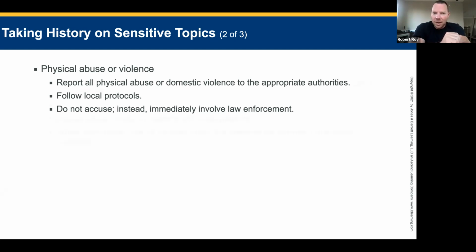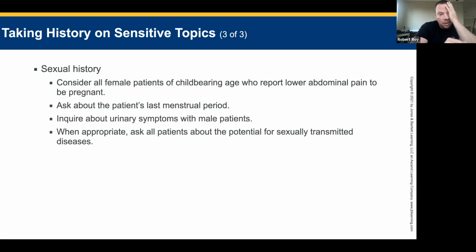Take everything into context. If it doesn't fit that they might be abused, they may not have been. But at the same time, don't refuse to report it. If it looks like it might have been, mention it. Tell somebody at the ER, whatever your local protocols say.